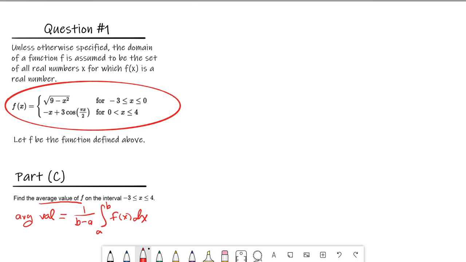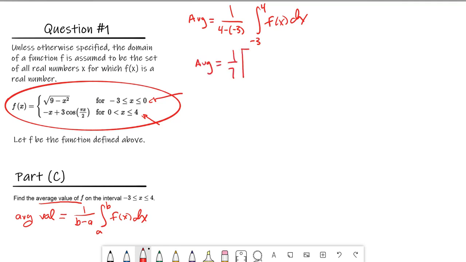We can say that we have an average value equal to 1 over 4 minus -3, the integral from -3 to 4 for f of x dx. And then we want to plug in our f of x here, but the problem is that it's a piecewise function. So we have to split up this definite integral. So our average value is equal to 1 over 7.